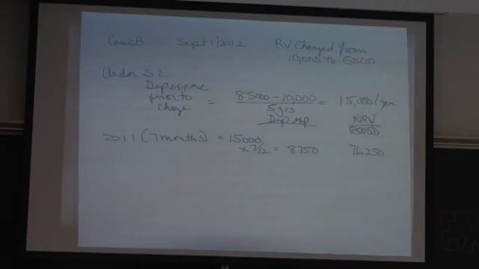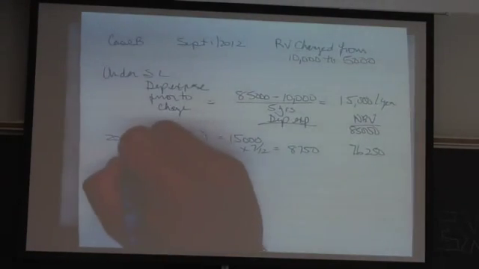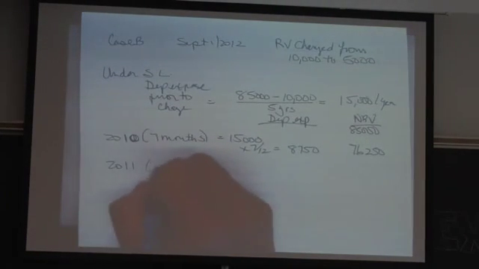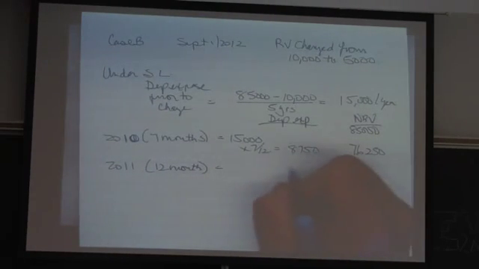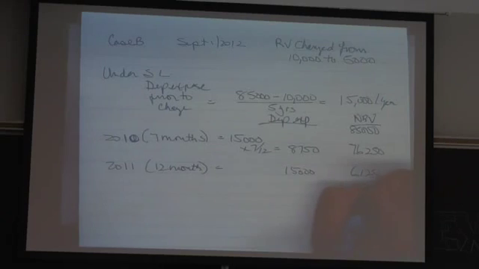Now for 2011, it's the full 12 months of amortization or depreciation. So it's 15,000. Net book value is 61,250.